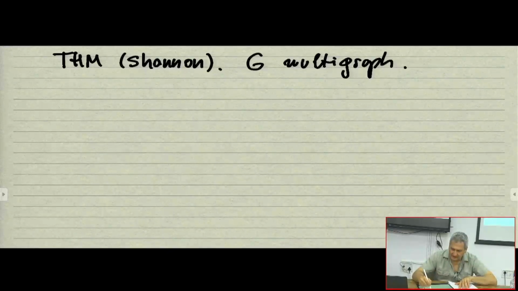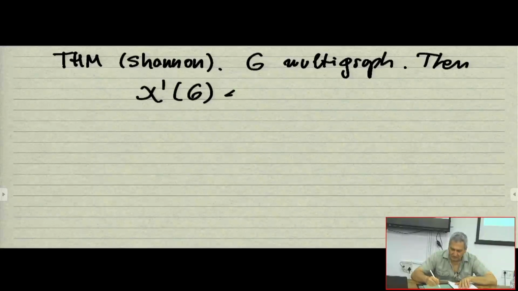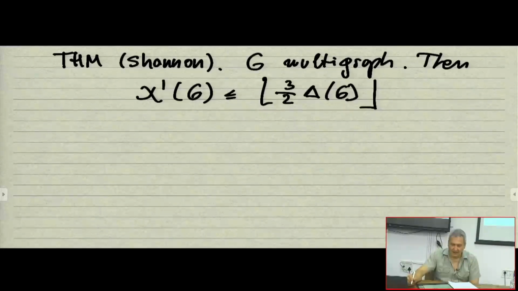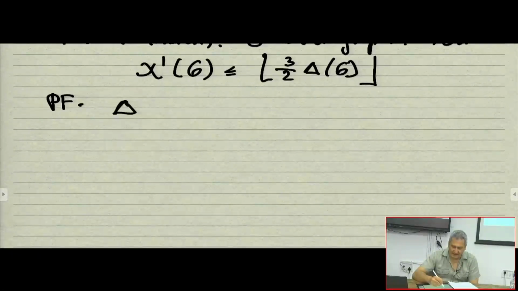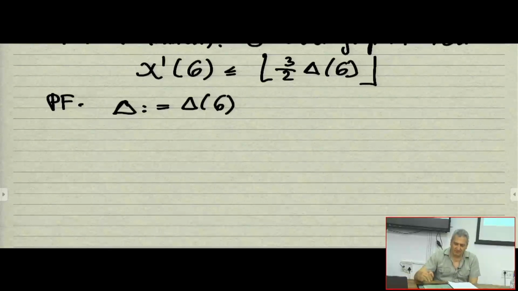Then the chromatic index of this multigraph is at most 3/2 delta of G. So we want to prove that. For simplicity, let's just write delta instead of delta G. Now, we're going to prove this by induction on the number of edges.